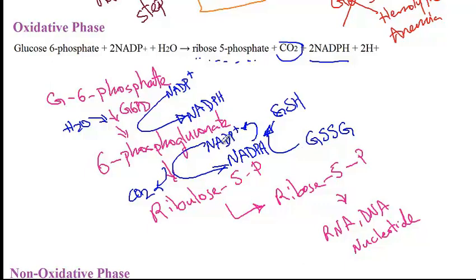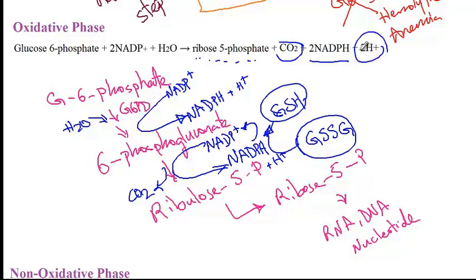So it's like a circle. NADP+ converts to NADPH, and then by its conversion back to NADP+, the oxidized form of glutathione will become a reduced form. And then all these reactions also have H+, so that's how we get that 2 H+ there. Alright, so that's the oxidative phase.